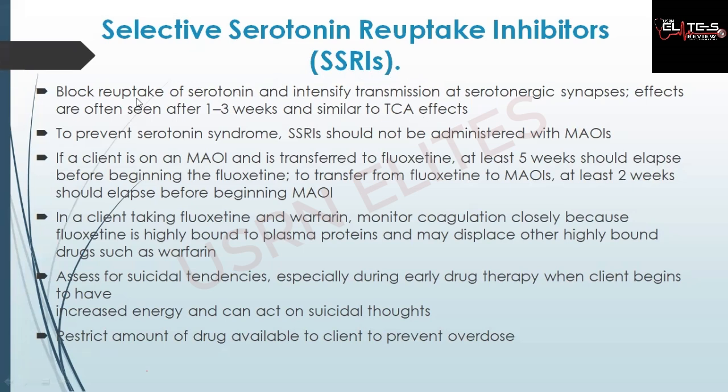But just know that in all, it will help keep you from becoming what? Depressed. What this one does is that, as the name implies, it blocks reuptake of serotonin and intensifies the transmission at serotonergic synapses. Then the effects are often seen.